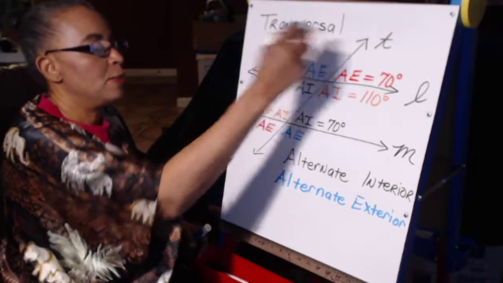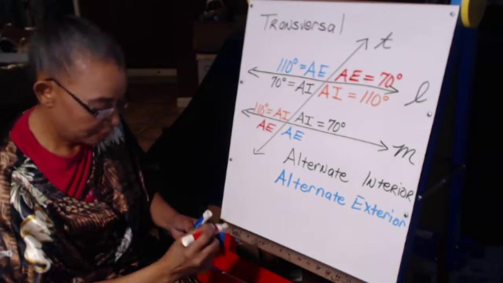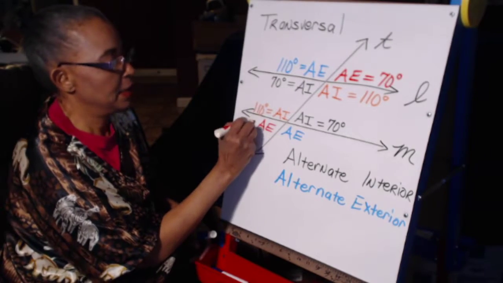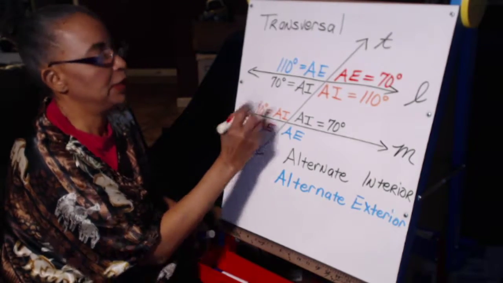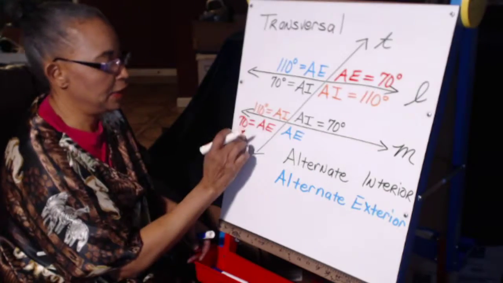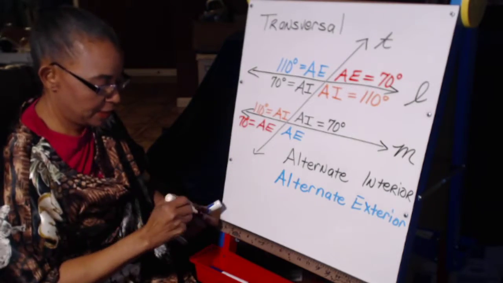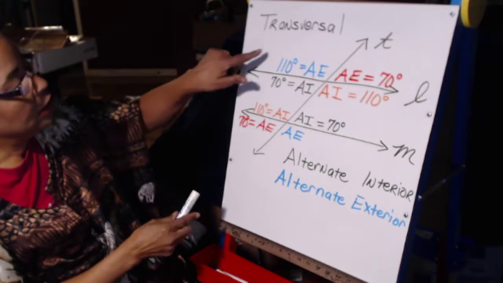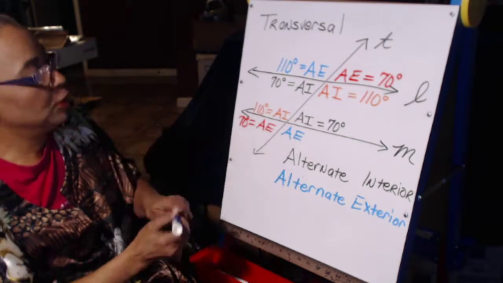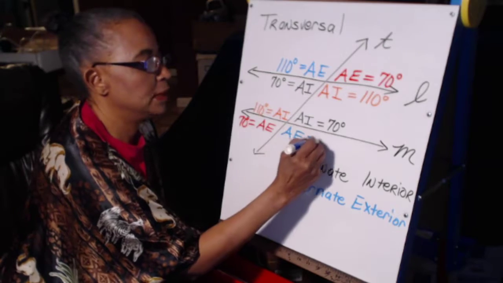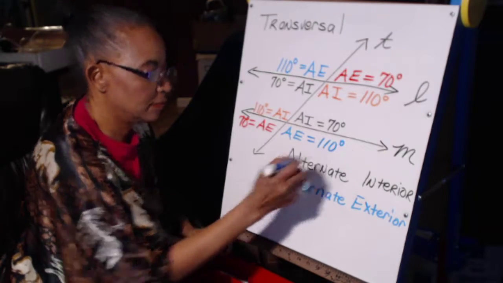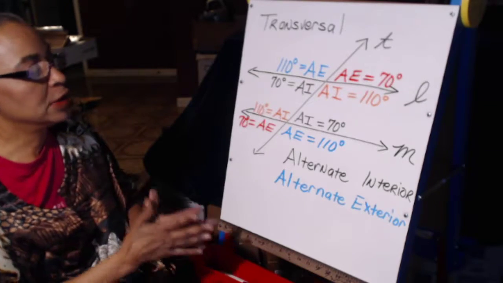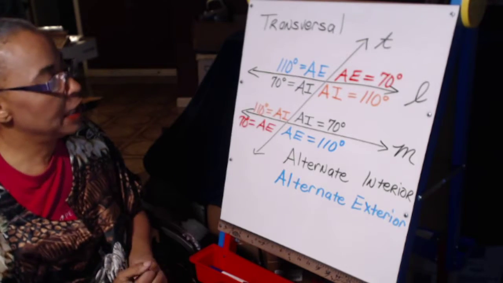And when you add them all up, it's 360 degrees. So that means this is also 70. If this red is 70, this red has to be 70. If this blue is 110, this blue has to be 110. Alternate exterior angles and alternate interior angles.